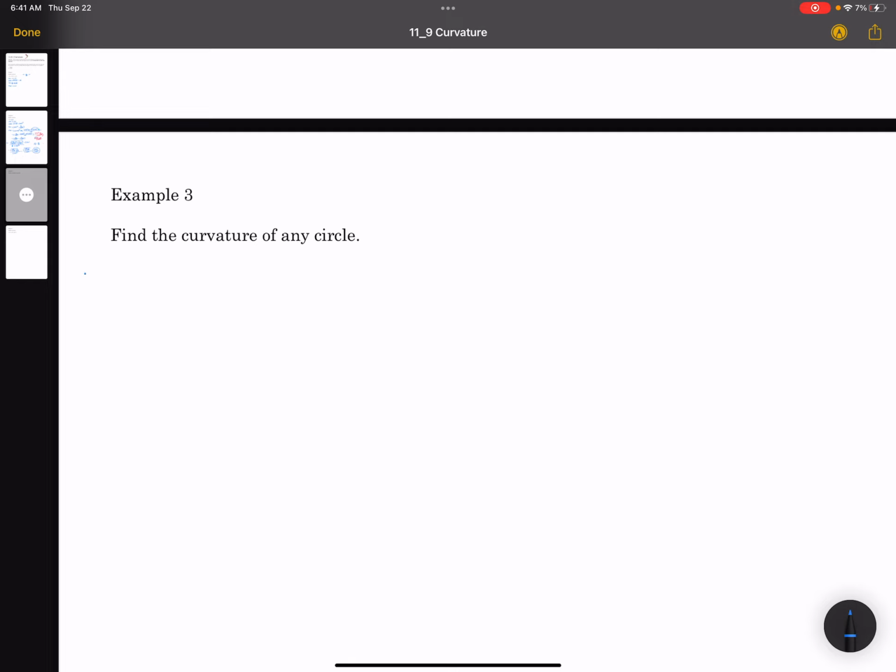So we're talking about a circle, and we have to use t as the parameter. Don't use a lowercase r because we already have a lowercase r. So we'll use capital R to be the radius of the circle. So R equals the radius of the circle.